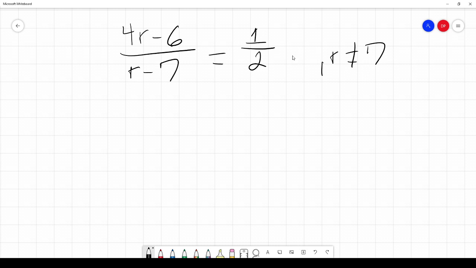Extraneous solutions can happen, so it's a good habit to look at the very beginning and determine if you're going to have any restrictions on your variables. Like right here, r cannot be 7. So we're just going to note that, and we're going to continue solving the problem. What we're going to do is cross multiplication.